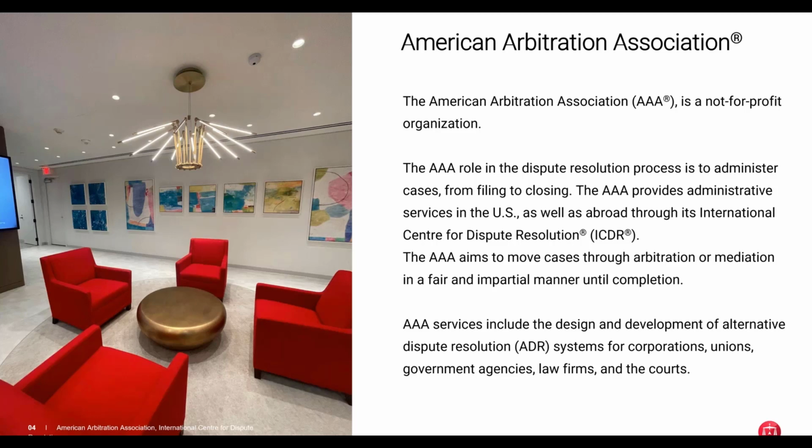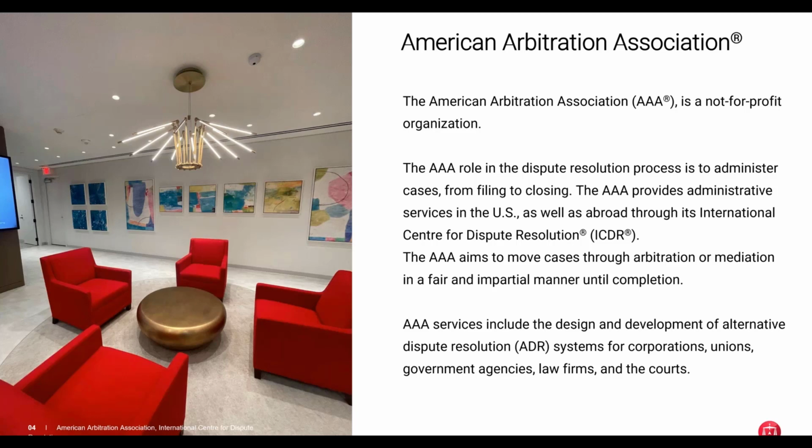The AAA's role is not to act as an arbitrator, but rather we're an administrator of the arbitration and mediation processes, and we utilize a panel of neutrals selected for their expertise in the subject matter of the dispute.